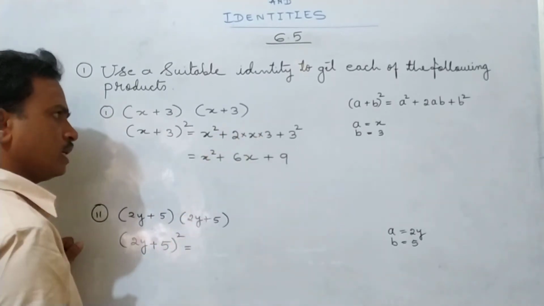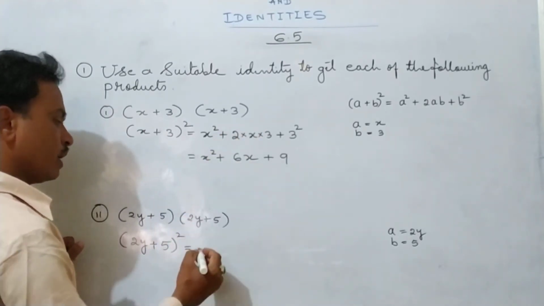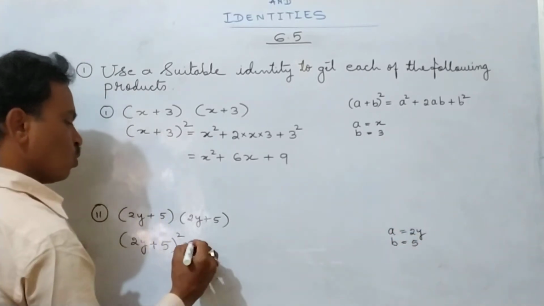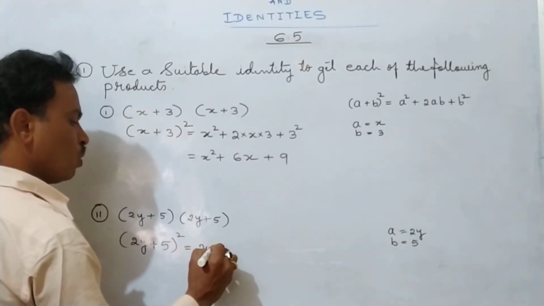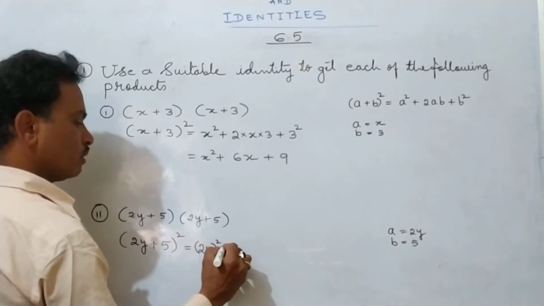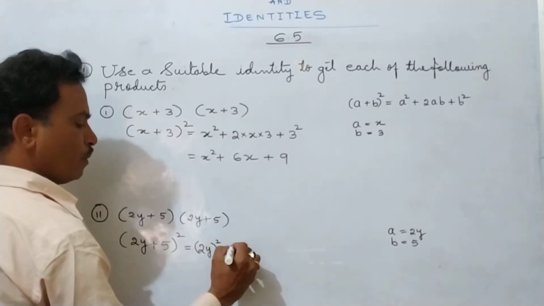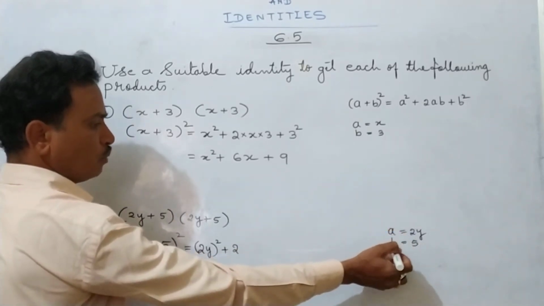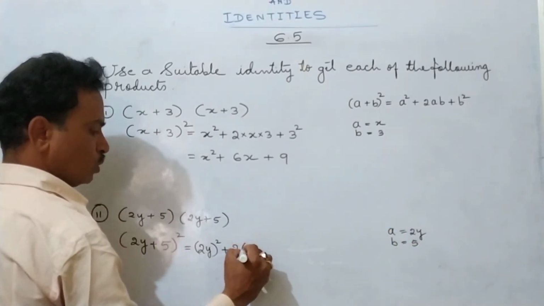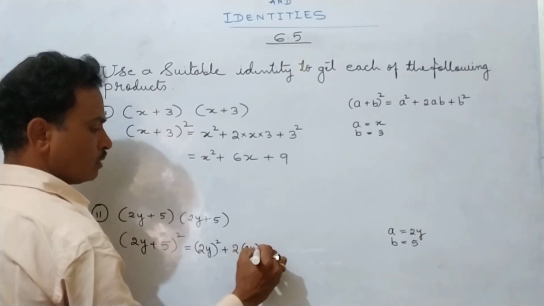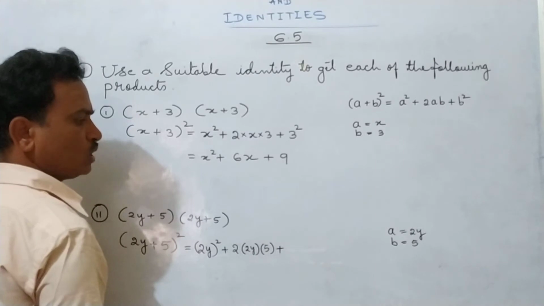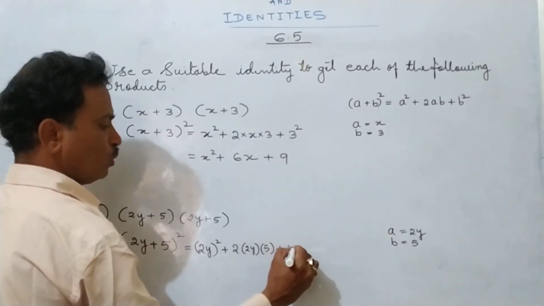Now according to that identity, first term is a square, where a is equal to 2y. So 2y whole square plus 2ab, 2 into 2y into 5, plus b square, that means 5 square.